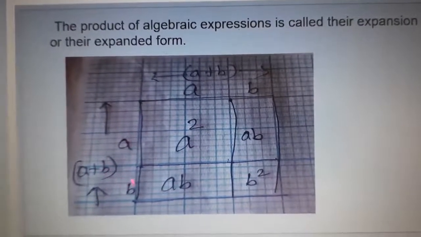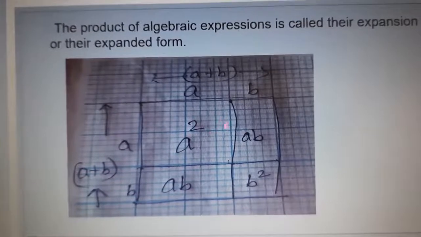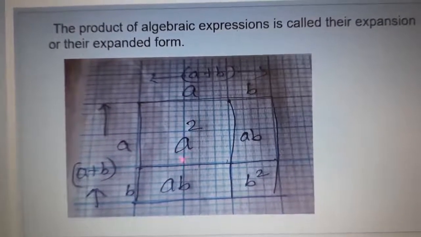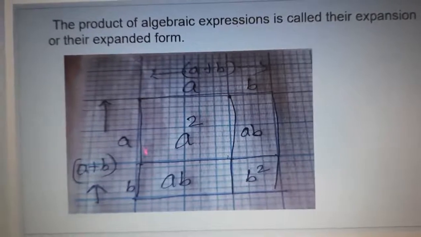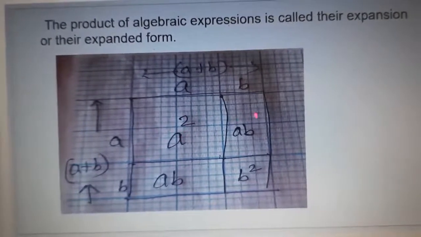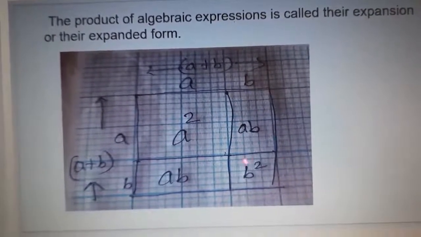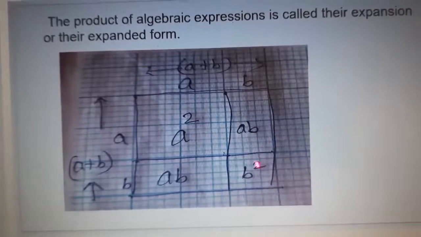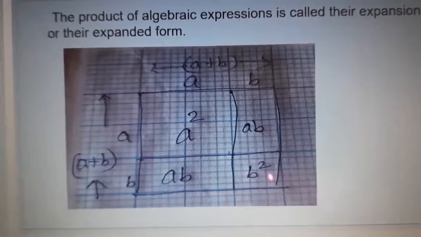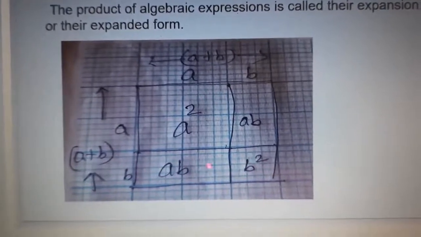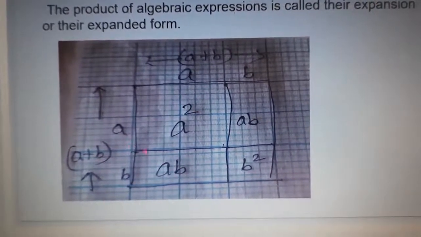So inside the square, now here the side square will become a square. If I consider only this square, it becomes a square. If I consider only this square, it becomes b square, because the side is b over here. And in this case it becomes ab, because there is a and there is b.